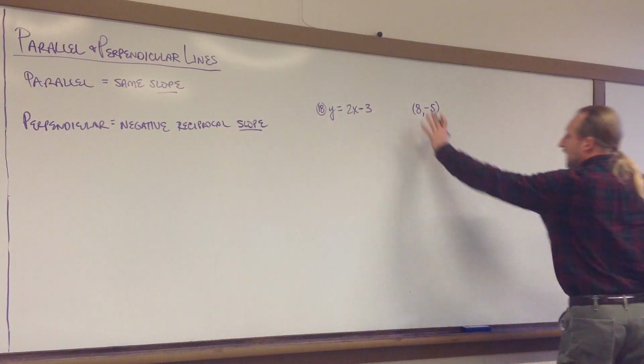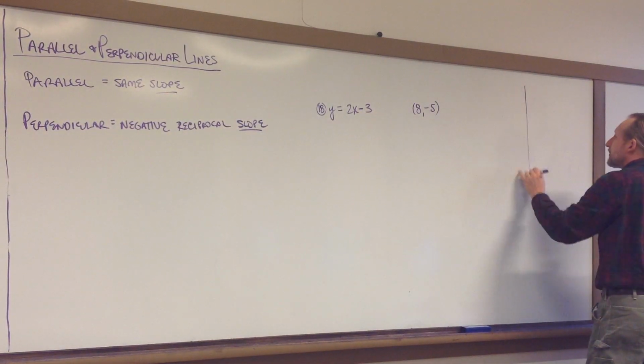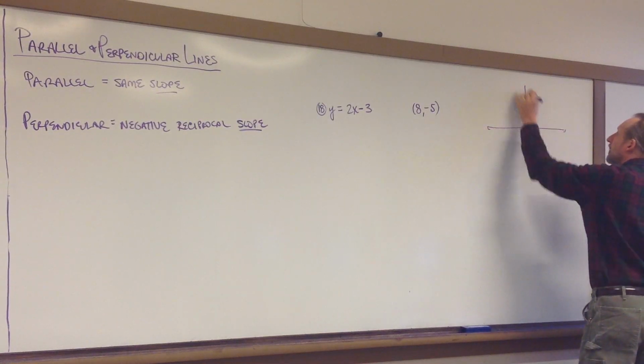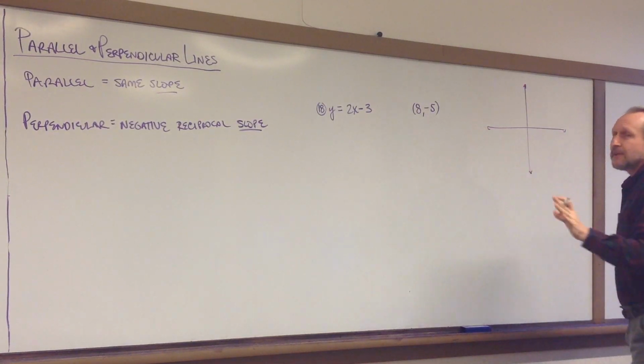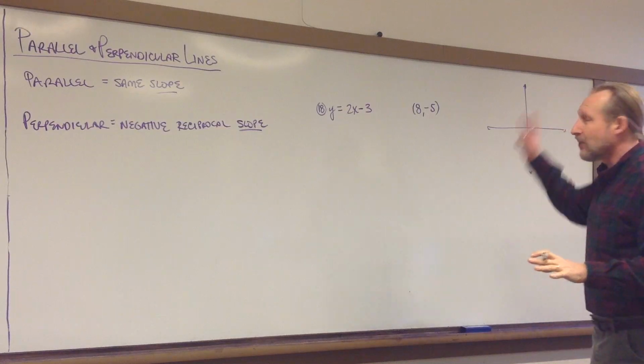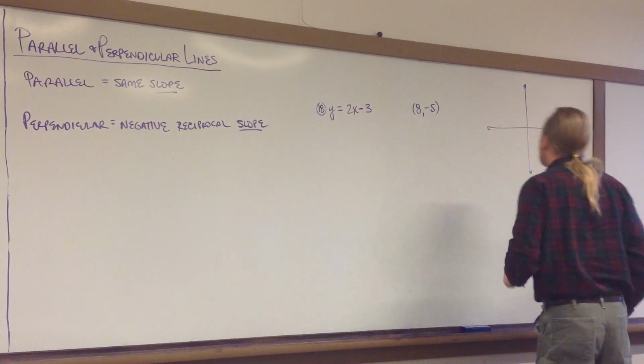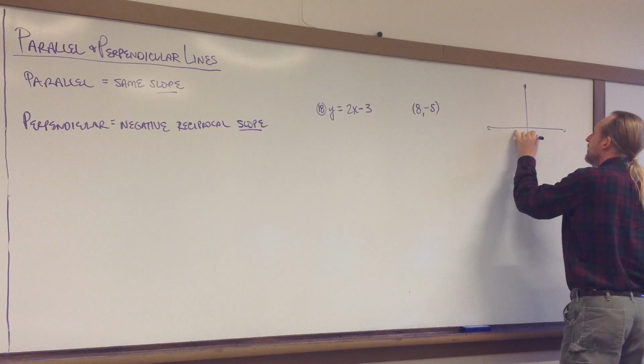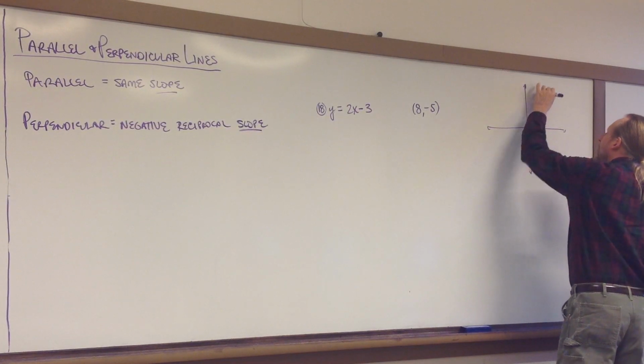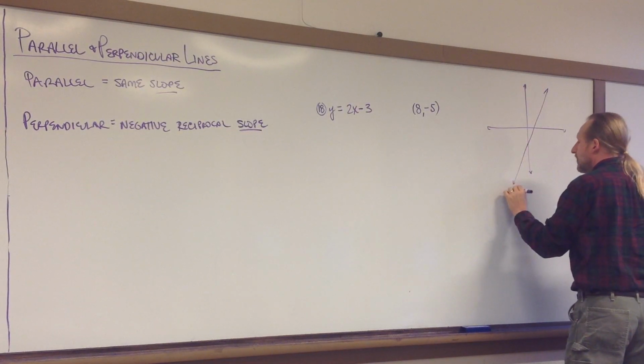You don't necessarily have to. All you really have to do is that algebraic work that I'm going to do in a minute. But again, I want to emphasize to people there are two different lines we're talking about. First, this one, y equals 2x minus 3. So something like that.